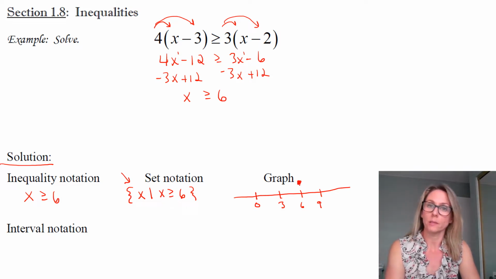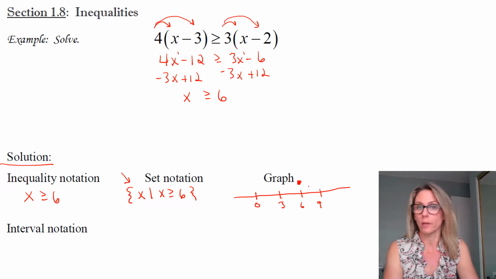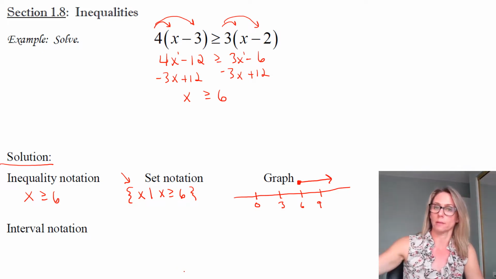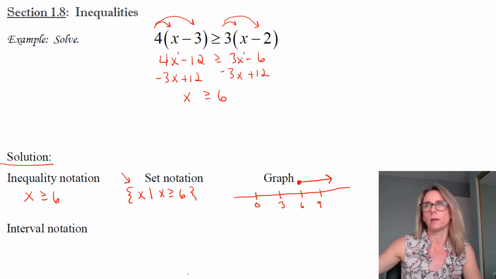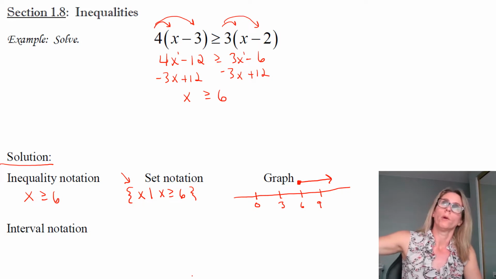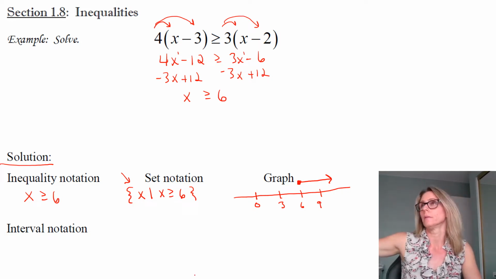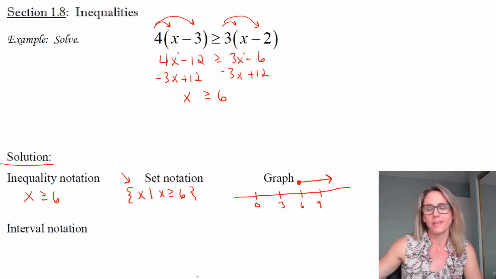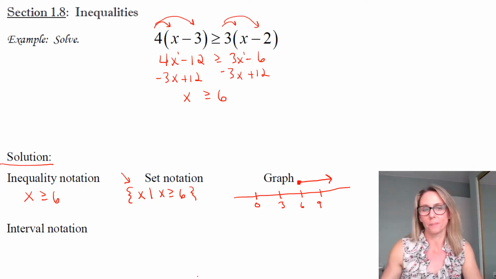That tells me that 6 is also a solution since I have greater than or equal to. And because it's greater than, I have an arrow to the right to indicate everything greater than 6. So besides being 7, 8, 9, that's also 9.5 and 100.67 and 1,500,002. And so that line just tells us it keeps going and going and going.